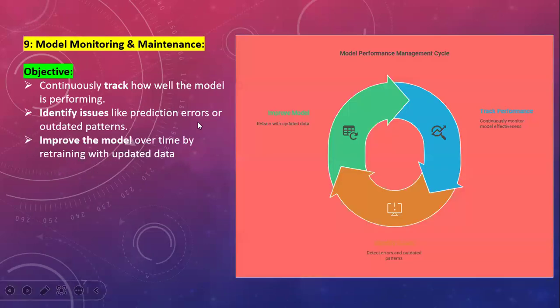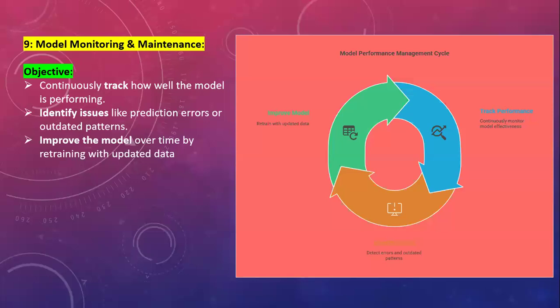Once we have done the deployment activity, then we are going to do some monitoring and maintenance of the model, checking whether the model predicts correctly or shows some drift values. So we need to continuously track how the model is performing over time.